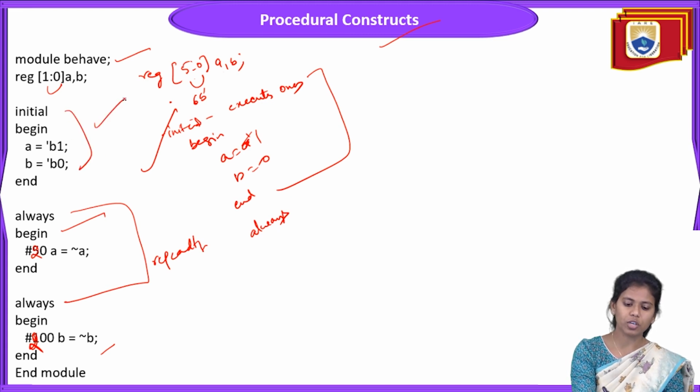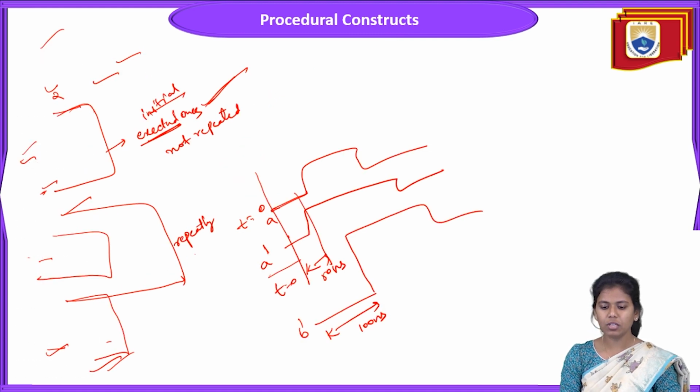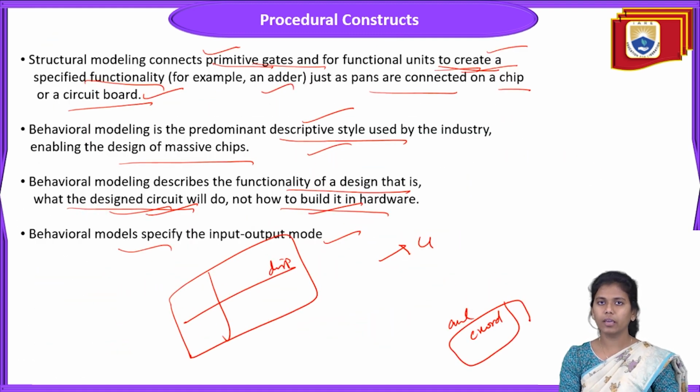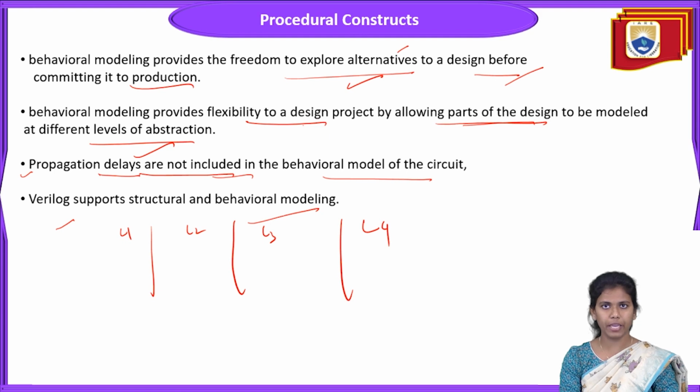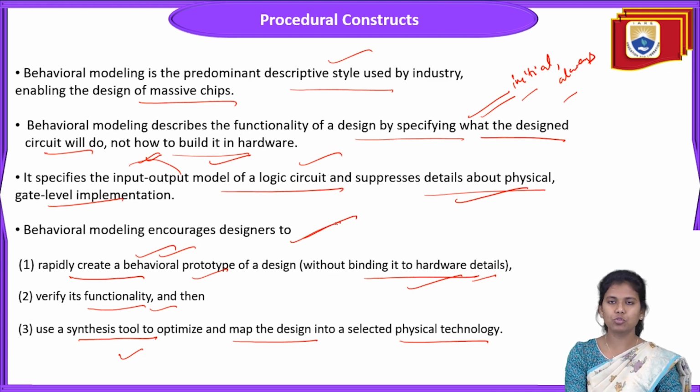Initial is to be executed once. Always can be executed once, twice, thrice, more than once; repeatedly we can execute the statement. So this is about combinational behavioral modeling, in which we have discussed the procedural constructs and also the different types of behavioral modeling in general, and what designers have to do.